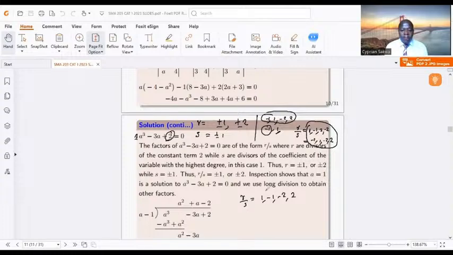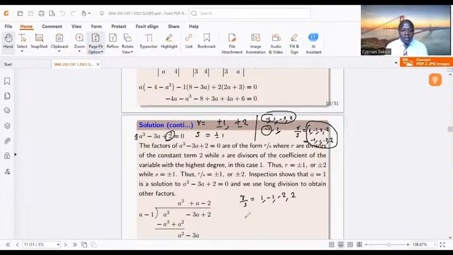I try to check which of these will be a root. I try using this equation to see which one will be a root.